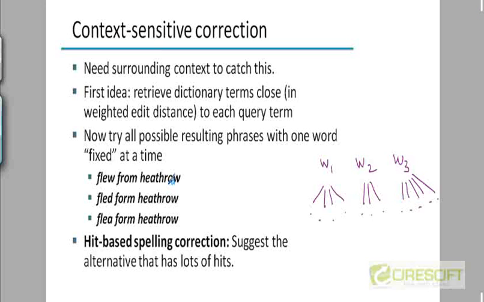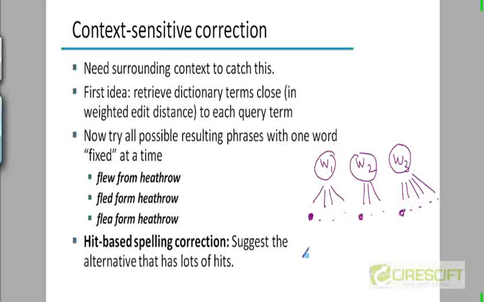Now once we have all the spelling suggestions for each word in isolation, we will take each of these suggestions one by one and combine them in all possible combinations. So I could take the first spelling suggestion for W1, combine it with the first spelling suggestion for W2 and the first spelling suggestion for W3.